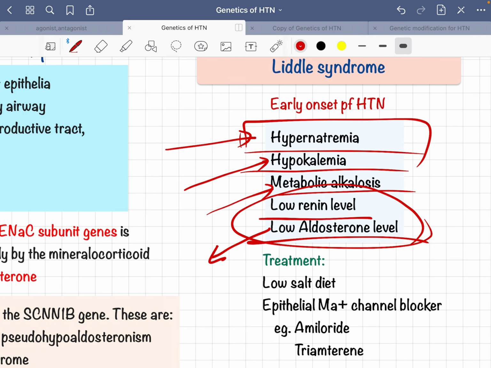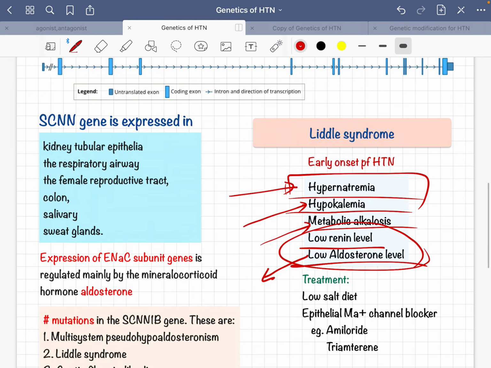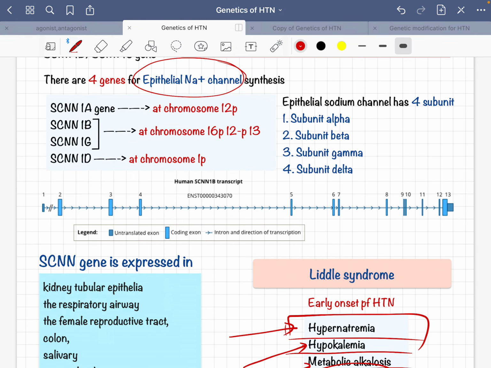Why? Just due to increased sodium reabsorption in the collecting tubule, due to the genetic mutations in the SCNN1B and SCNN1G genes, which lead to the failure of endocytosis of renal tubular epithelial cells.